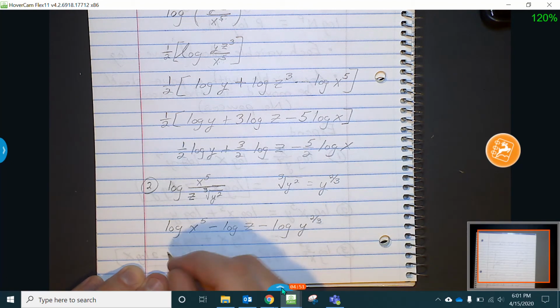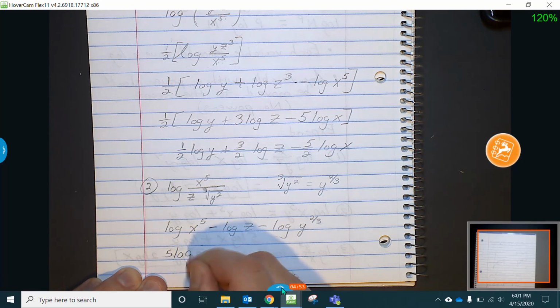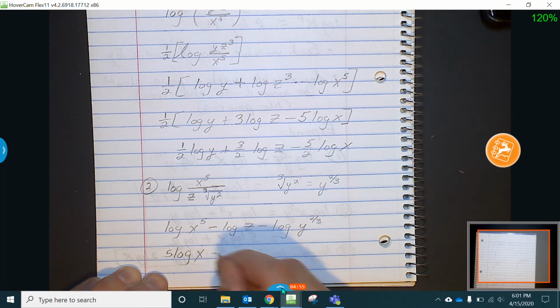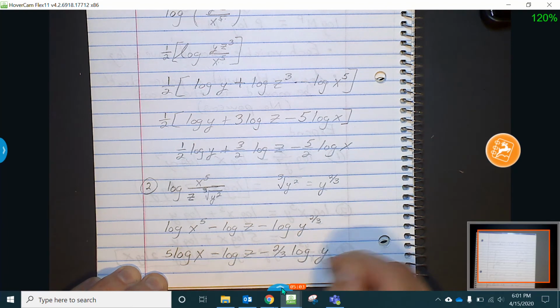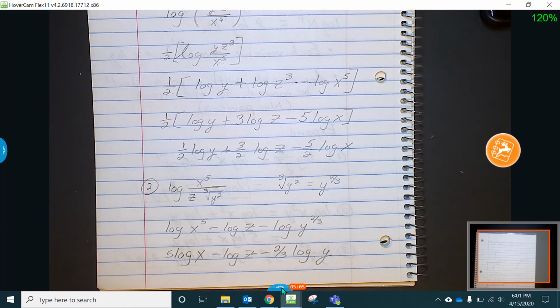Now just move the power in front and you are all set. So on top, positive; bottom, bottom, both negative. At the end, move any powers to the front.